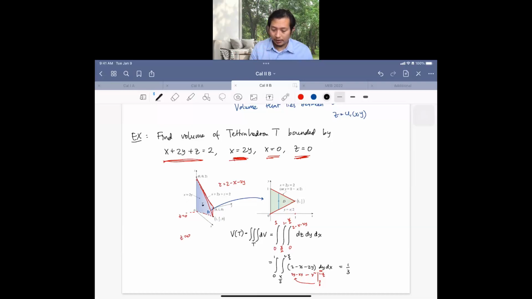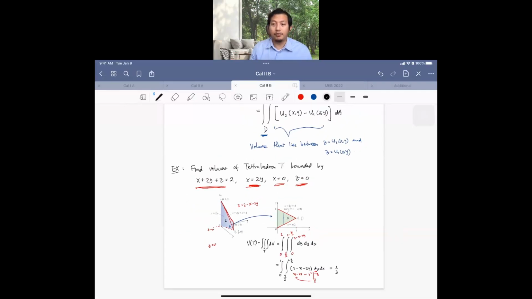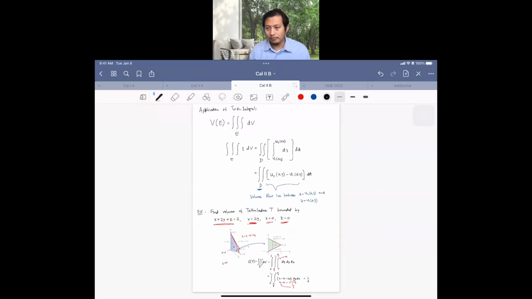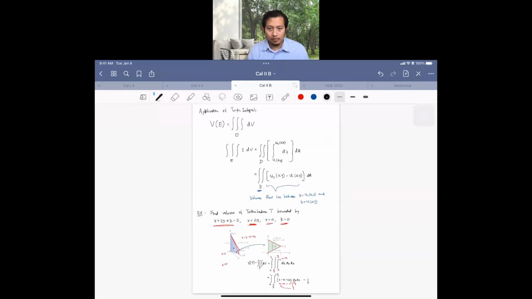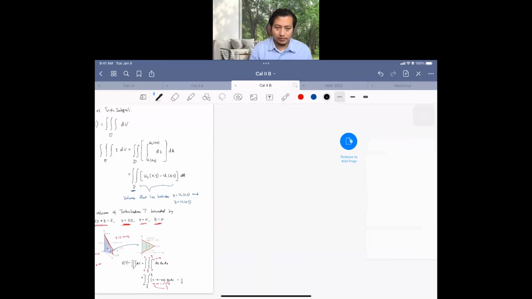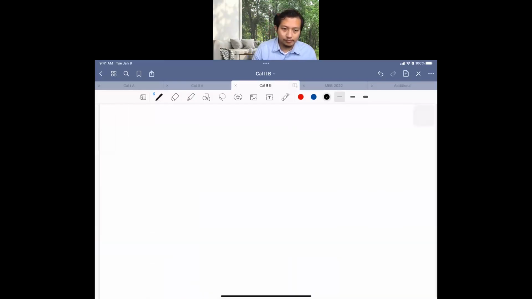First is evaluation of a triple integral with a certain region T. Let me give you an example.